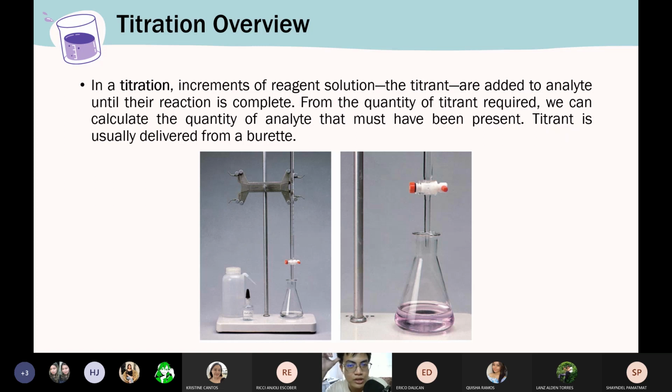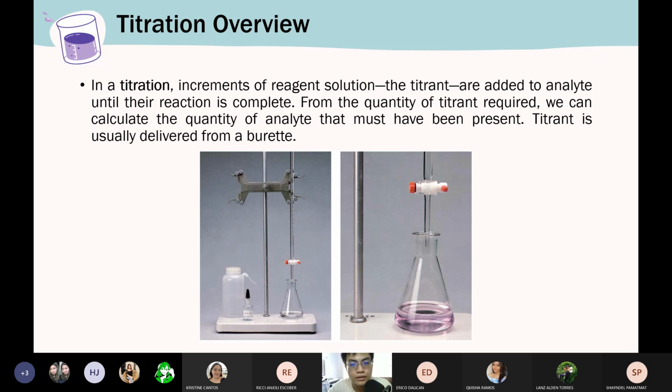No? And that change in color is usually possible with the help of chemical indicators. No? For example, in this picture here, we have this phenolphthalein. Okay, this is phenolphthalein, and it turns pink if that reaction is complete. Okay, or if the pH is around 7. So, dun siya nagiging pink.